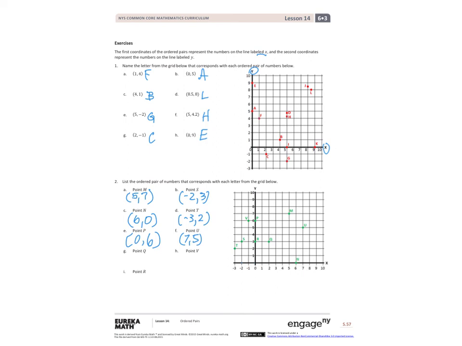And then let's look at the next one. I'm just going to see if I can move that up. Okay, Q is over 2, up 3. And V is over, okay, it's -1, and then I have to go up to 6. Got it. How about R? 0 and I'm up 3. 0 and I move up 3.